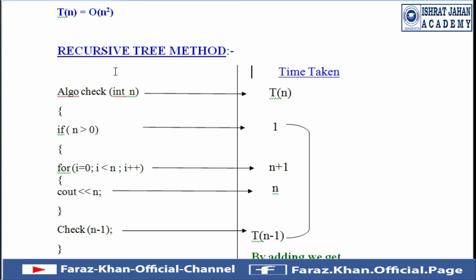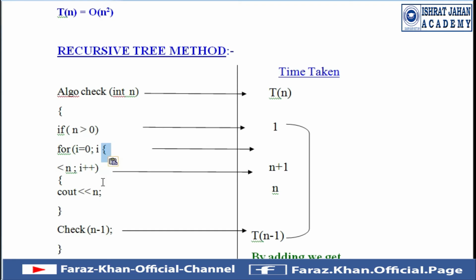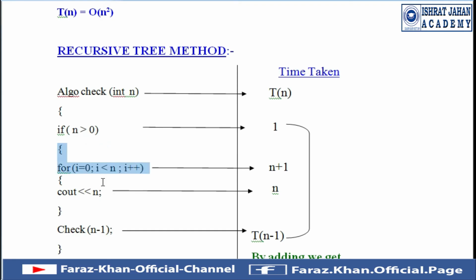Now I have written a small pseudocode. I am passing an argument of type integer. If n is greater than 0, this code will execute, right?